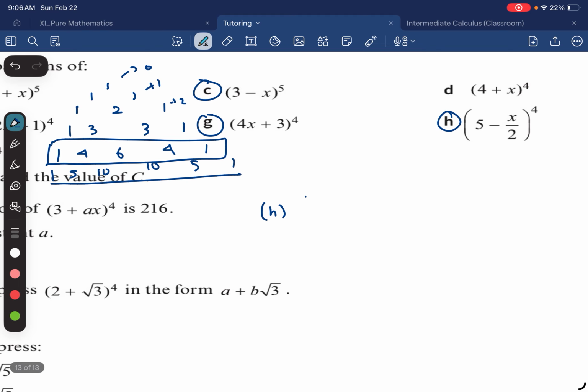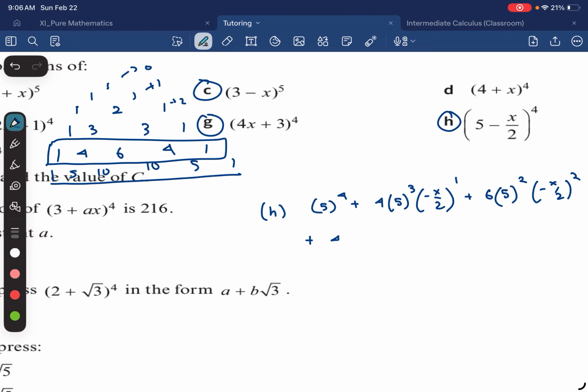And I'll say, hey, I have 1 times 5 to the power 4 plus 4 times 5 to the power 3 times minus x by 2 to the power 1, plus 6 times 5 to the power 2 times minus x by 2 to the power 2, plus, again, 4 times 5 times minus x over 2 cubed. Finally, I have minus x over 2 to the power 4.